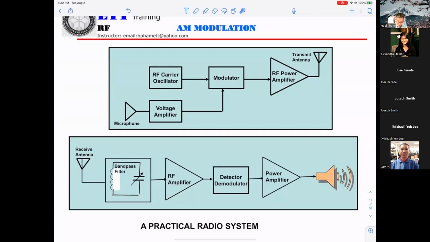Then it goes to the detector, the demodulator. That means it has to take out the carrier to leave only your voice. And it goes to the power amplifier before it goes to the speaker.